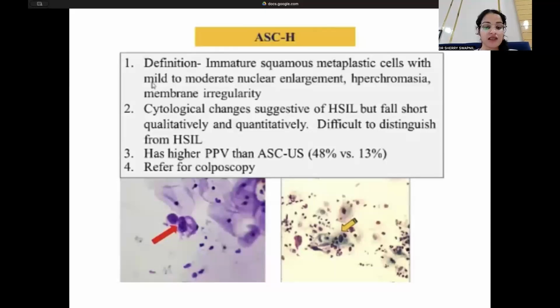So this type of picture is considered ASC-H. You can see the nuclear size is high, it is showing hyperchromasia, and nuclear irregularities are there, but the number of cells we are seeing is not up to the mark, or there are very few of these cells, so we cannot report it as HSIL. Next slide, please.